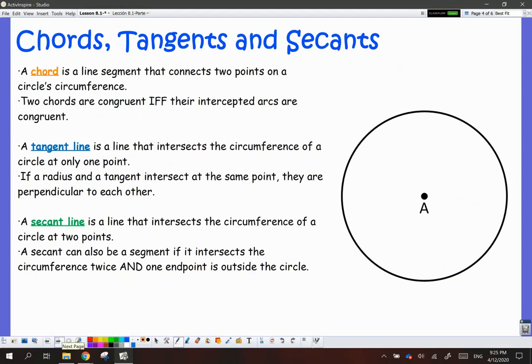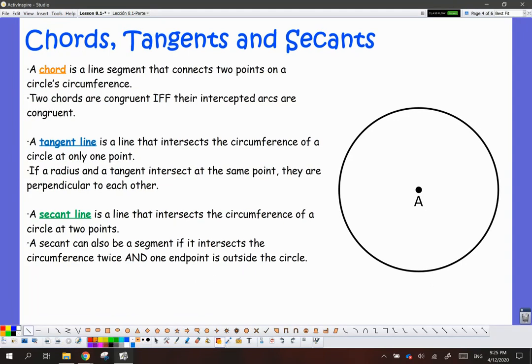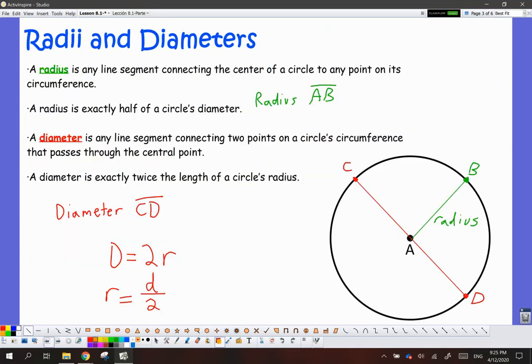Now we're going to talk about chords, tangents, and secants. So here's where we get into a little bit of unfamiliar territory. We haven't seen these parts before. We've seen radius and diameters. We haven't seen these. So a chord is a line segment that connects 2 points on a circle's circumference. Now notice that it doesn't say it has to go through a specific point like with the diameter where it has to go through the central point.